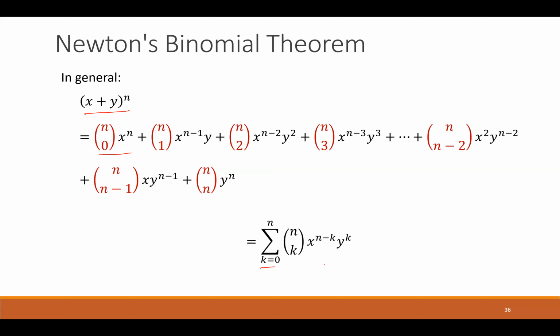And in general, I sum up from k equals 0 to n of n choose k, x to the n minus k, y to the k. Actually, whether I put k on the y or k on the x doesn't matter. They will both be the same. But yeah, this is called Newton's binomial theorem, and it's a useful way to count a lot of different things.